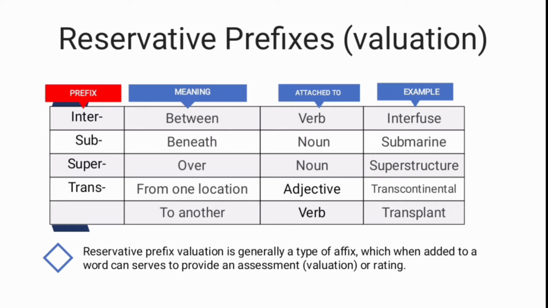So now, what is the difference between them? Jadi, perbedaan antara reversative prefix attitude dan reversative prefix valuation itu terletak di fungsinya. Reversative prefix attitude berfungsi untuk membalikkan suatu tindakan, sedangkan reversative prefix valuation berfungsi untuk menunjukkan sebuah taksiran.